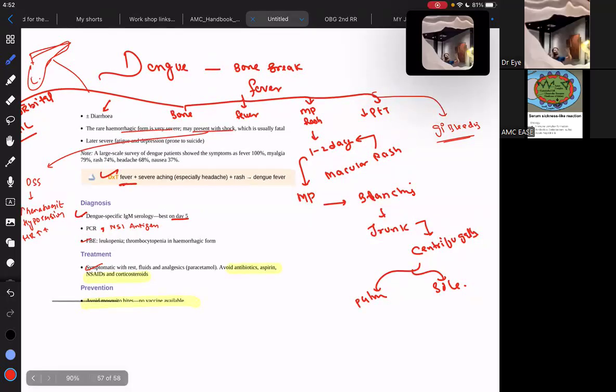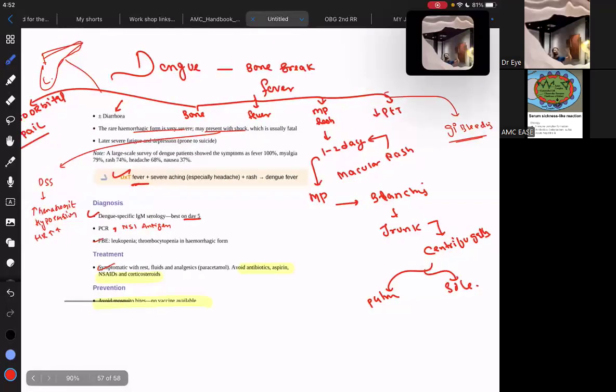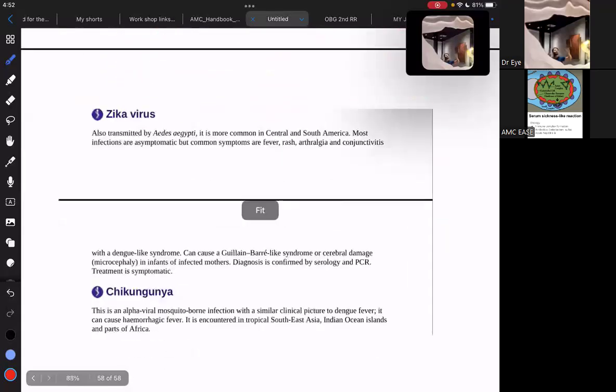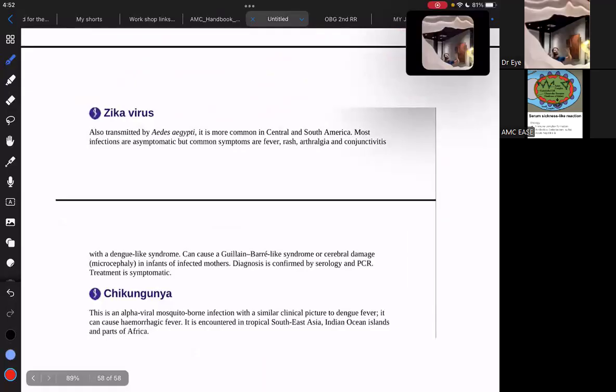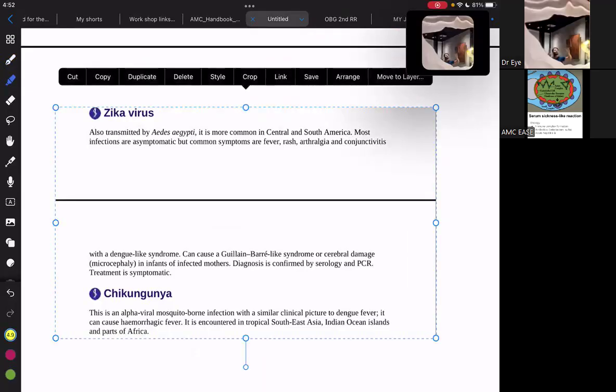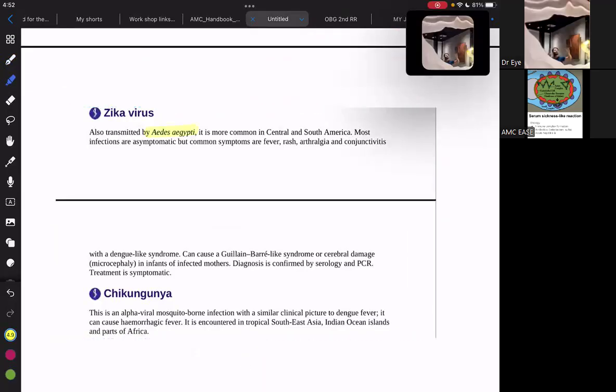Done. If we are done with that, we can talk about the Zika virus. It is transmitted by the Aedes aegypti, more common in Central and South America. Most of the patients are asymptomatic, but symptoms are like fever, rash, arthralgia.